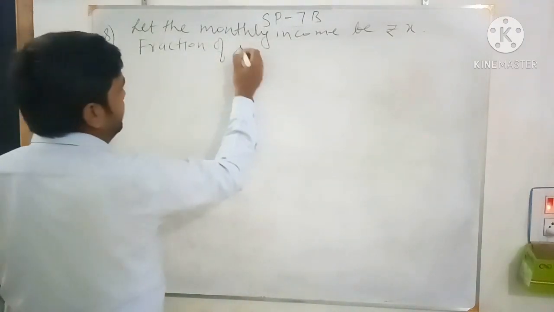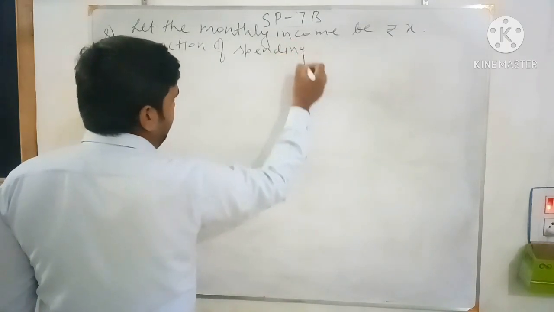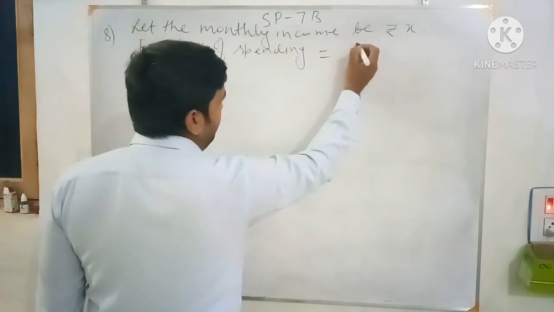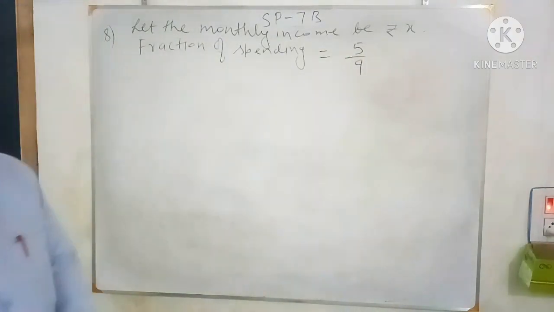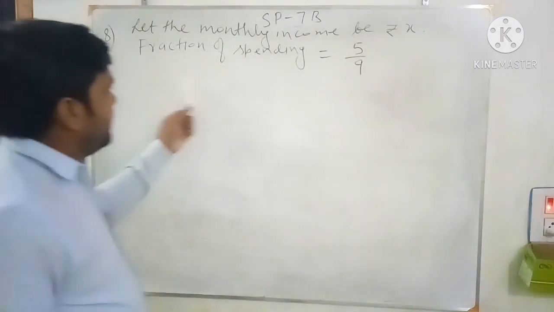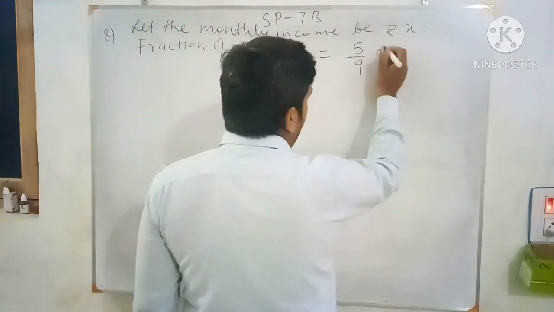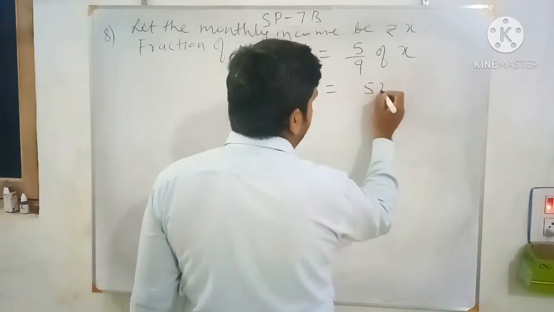Now the fraction of spending is 5 by 9 of monthly income, so spending is 5 by 9 of x, that is 5x by 9.